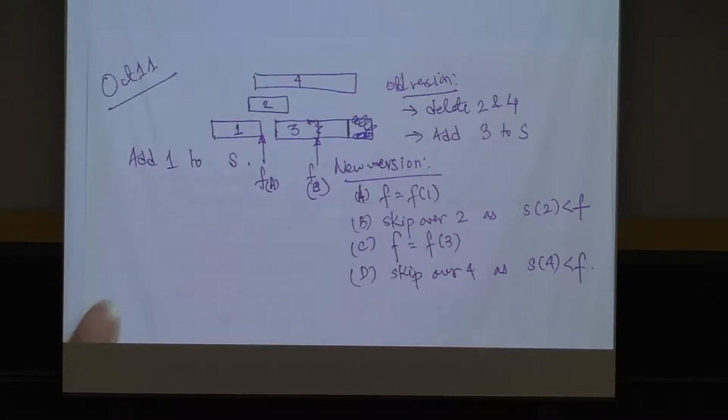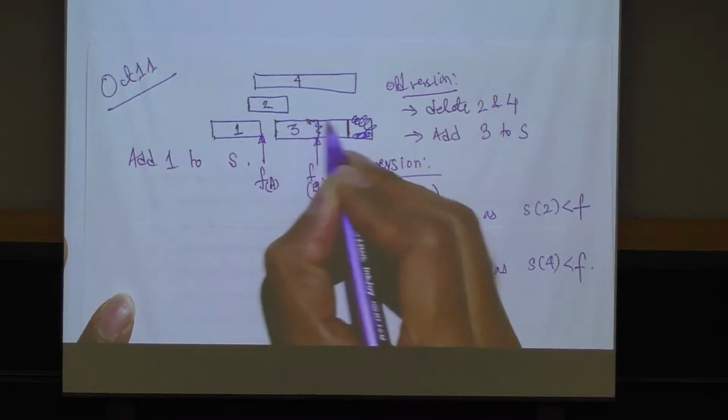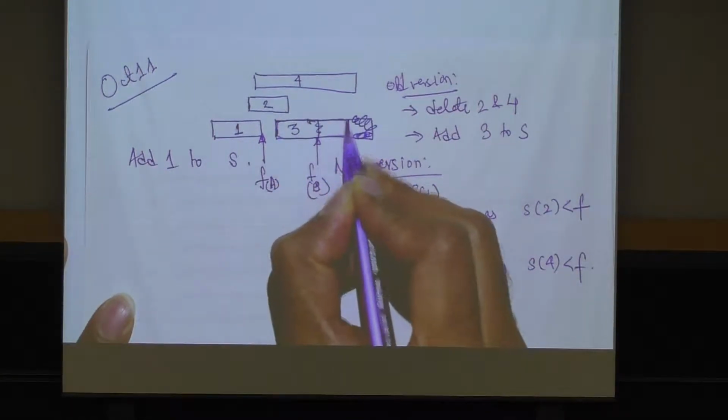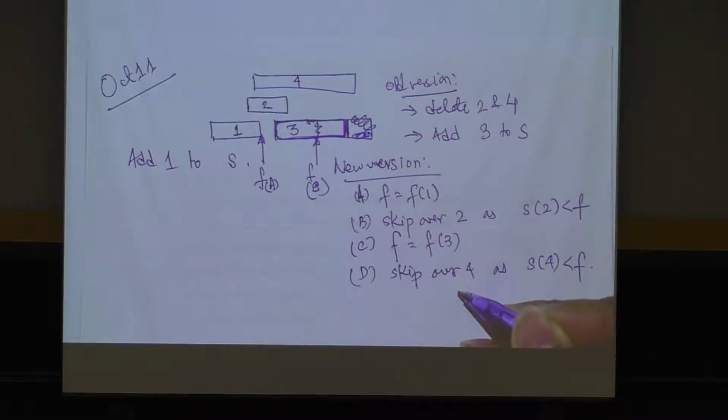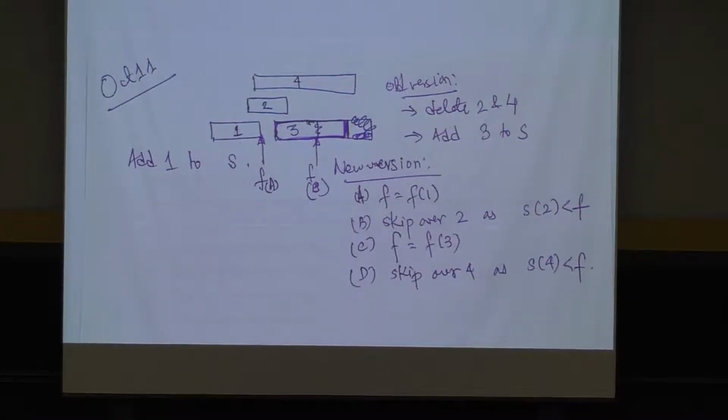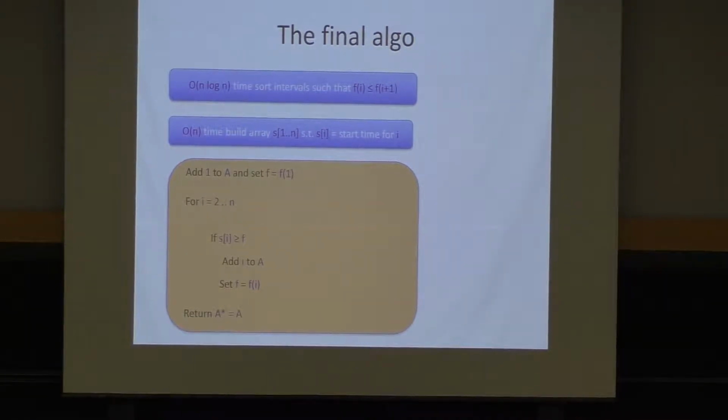Yeah. So you think you skip over 4? No, so when I say skip over 4, you're already at the 4th guy. Note that the algorithm is going through that index i. So when I say skip 4, I meant skip 4 when i is equal to 4.